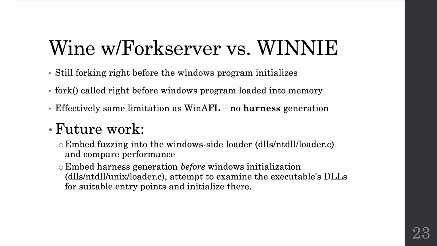We could have injected a fuzzer into the Windows loader as we attempted at first, but recognized it would be very program specific and a bit more of a technical challenge. So for the sake of demonstration, we used the Unix loader, but future work would likely see if we can implement that on the Windows side and do some API translation there.